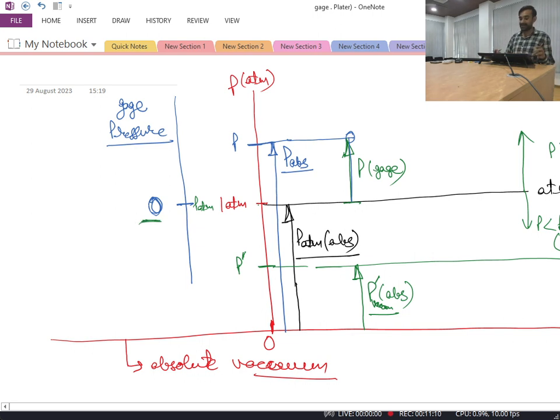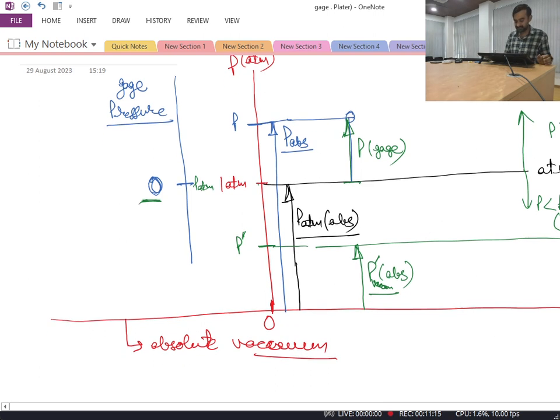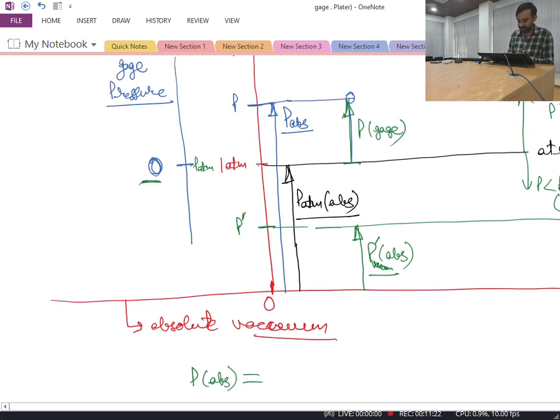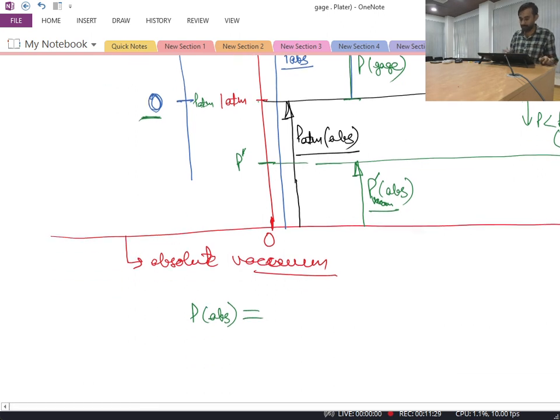So if I have to correlate the absolute scale and the gauge scale, the absolute scale is measuring from the bottom, but the gauge scale is measuring with reference to the atmospheric pressure condition. So P in absolute scale is equal to P in the gauge scale plus P atmospheric. Okay, so this relation is true for all the pressures which we are measuring above the atmospheric pressure condition.